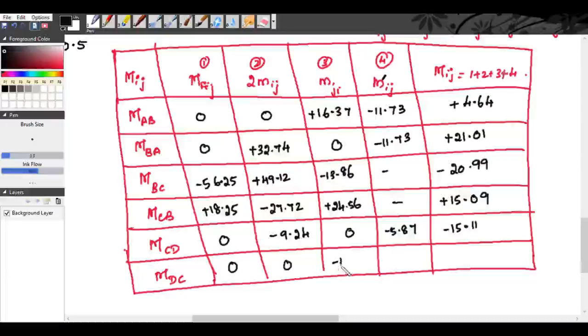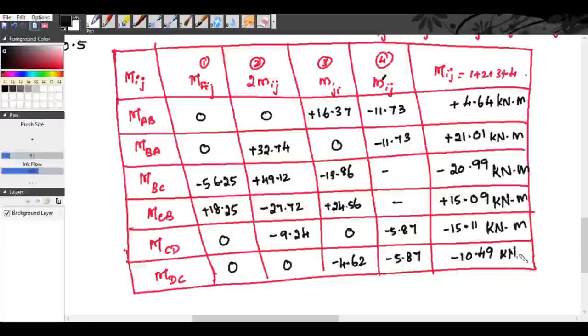MCD is minus 4.62. M dash DC is minus 5.87. It is minus 10.49. So these are our final moments, in kilonewton meter.